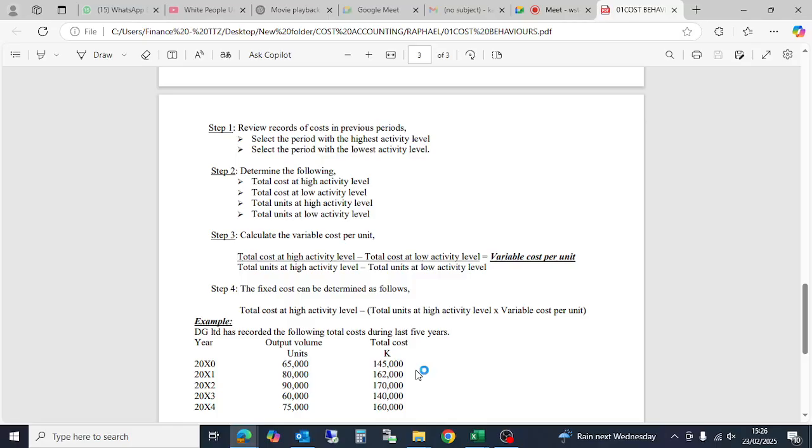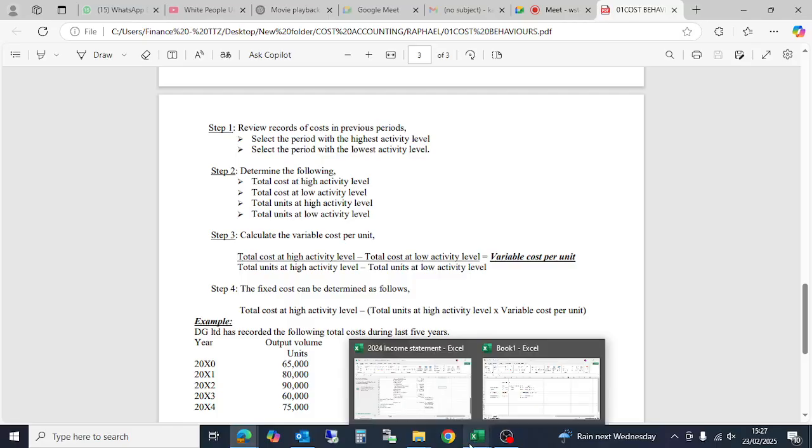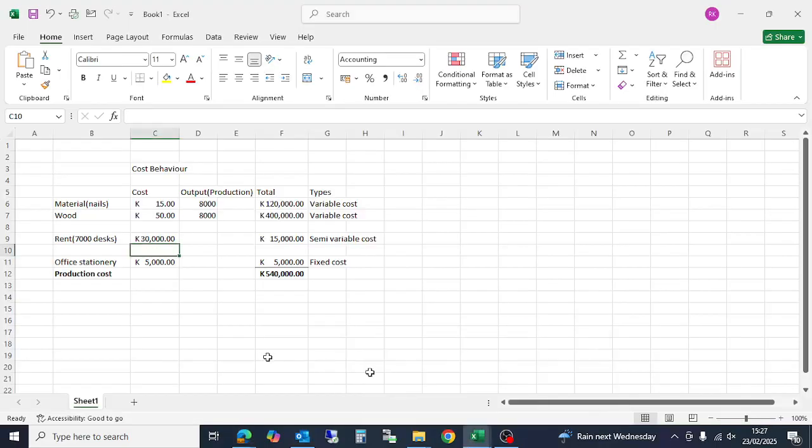So the highest is the 170, and the lowest is 140. That's in terms of costs, and then we have 90,000 and 60,000 respectively on this side. So we identify the highest and the lowest in terms of costs and in terms of units.